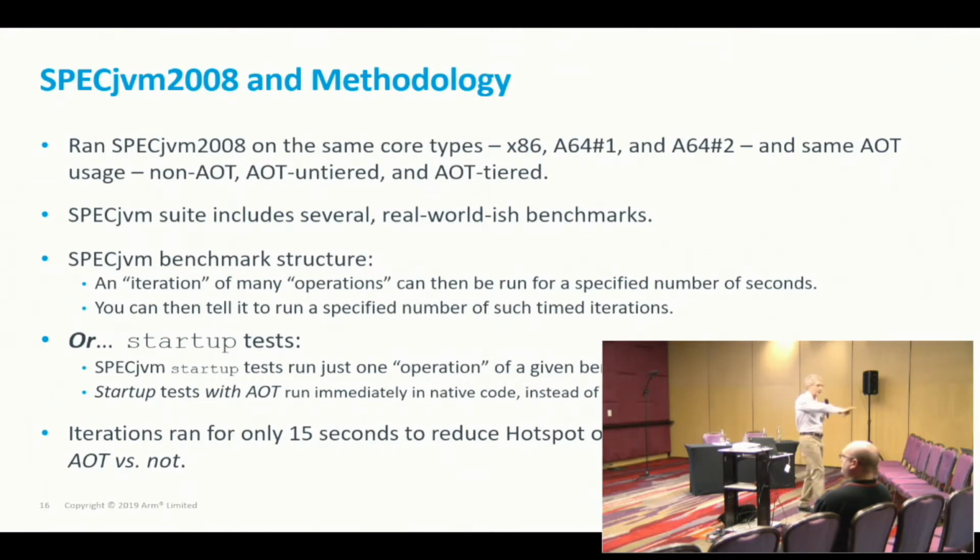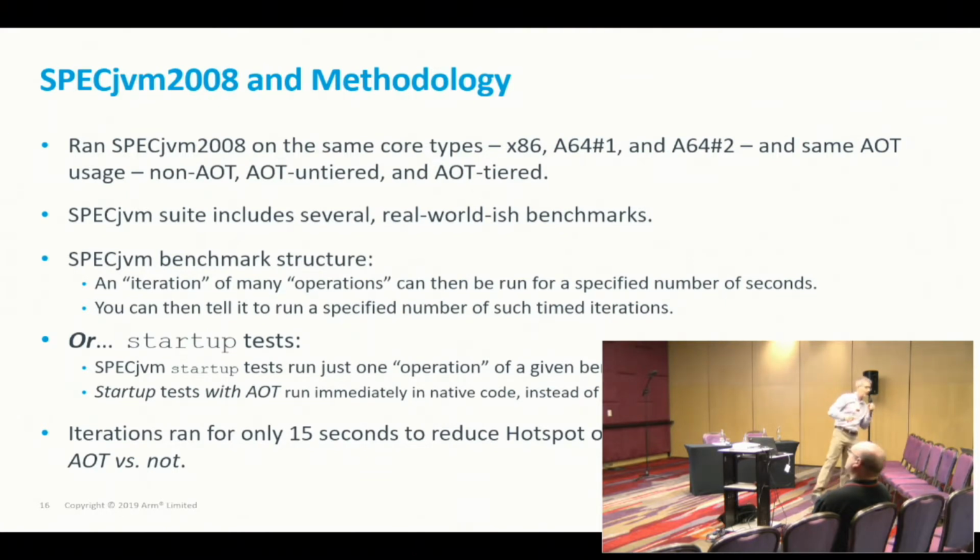Now, the other way that you can run SpecJVM is especially interesting for AOT. And that's what they call startup tests. These startup tests pull up an all-new, fresh JVM right from scratch, absolutely newborn. And they tell it to run one operation, a tiny little piece of code. And then they measure the time, tear it down.